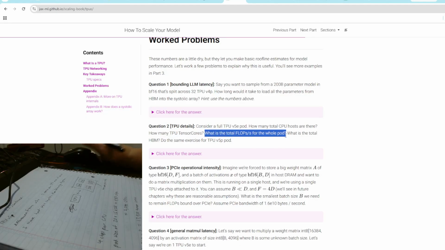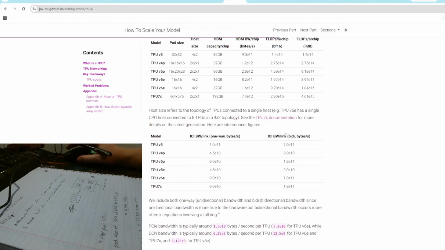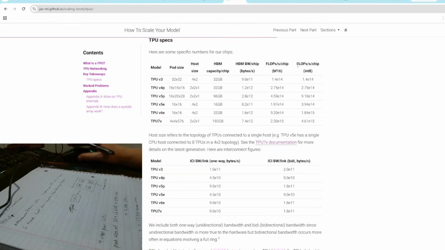total flops per second of the whole pod. So flops per second per chip times number of chips.